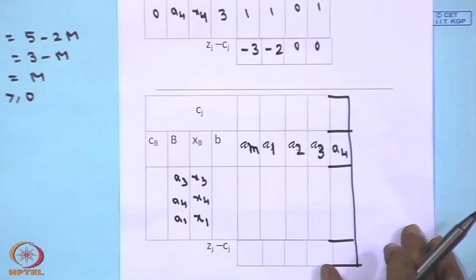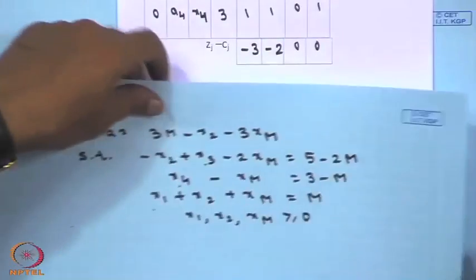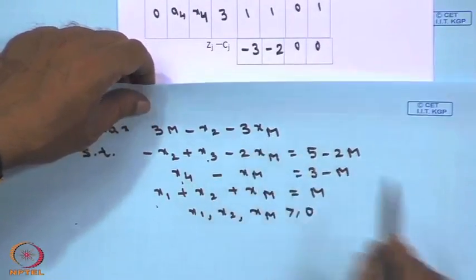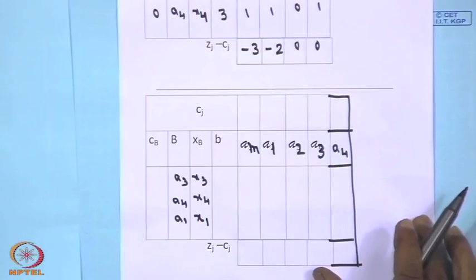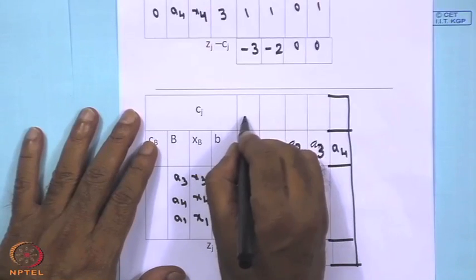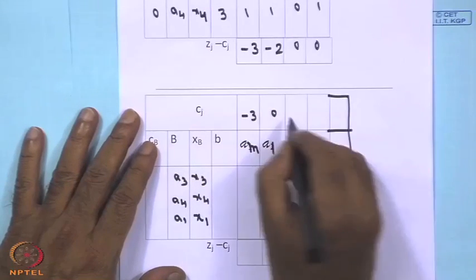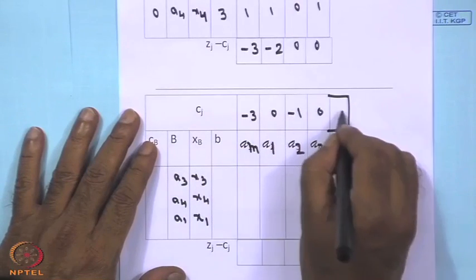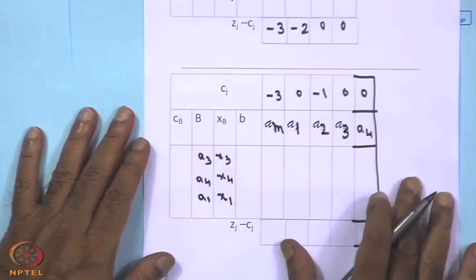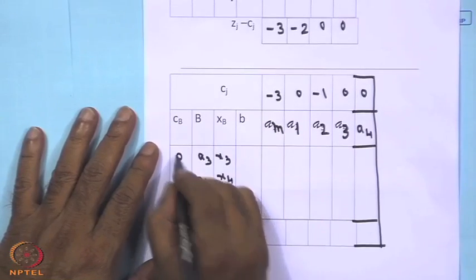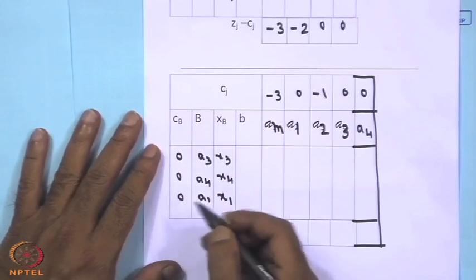So, corresponding values, the function is 3m minus x2 minus 3xm. It will be minus 3 0, corresponding to it is 0 0. So, your CB value is 0 0 0. Now, write the rows.